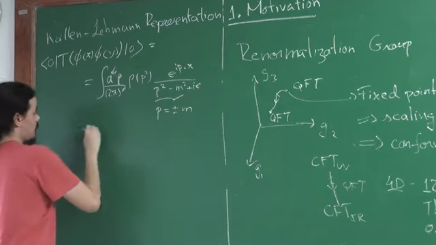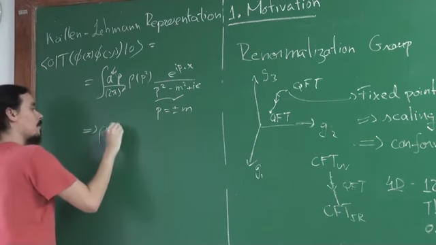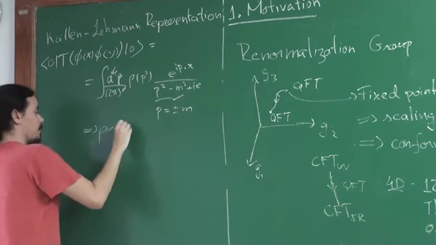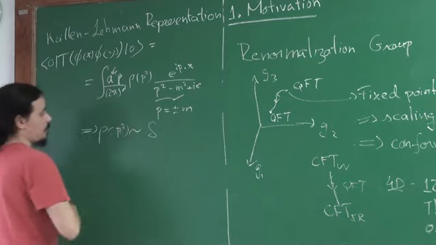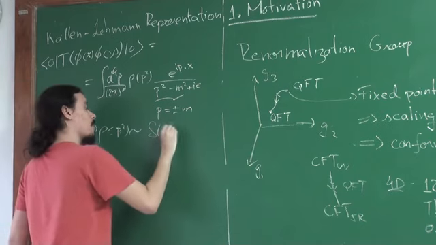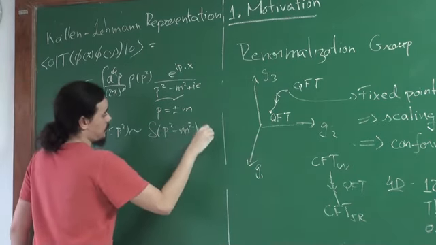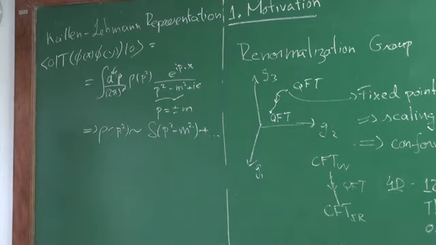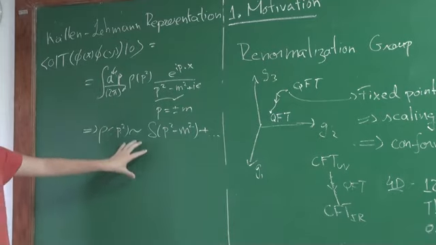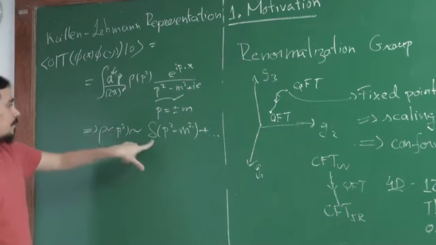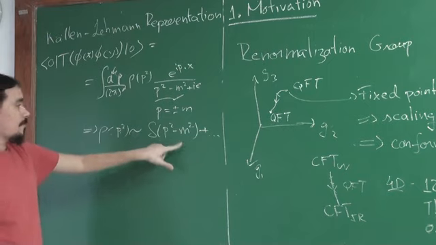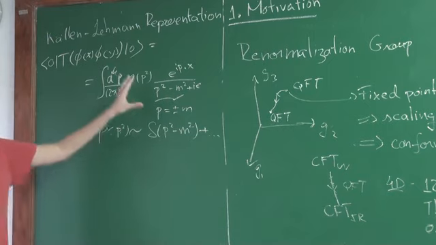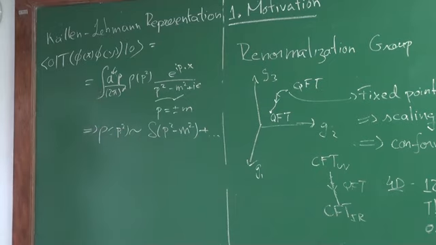And this, you can show, implies that the spectral density function will have a delta function, something proportional to a delta function plus some other things. So this is a precise statement telling you that you have a particle of mass m in the spectrum of the theory. This is an exact result.